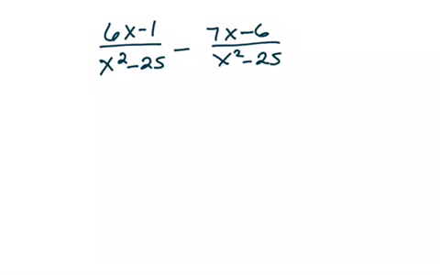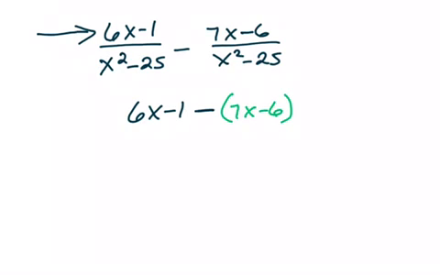Now, again, I'm going to factor these bottom denominators, and then I can just combine the tops. Let me just write down all the top numbers. So I'm going to go 6x minus 1, take away this whole thing, 7x minus 6.